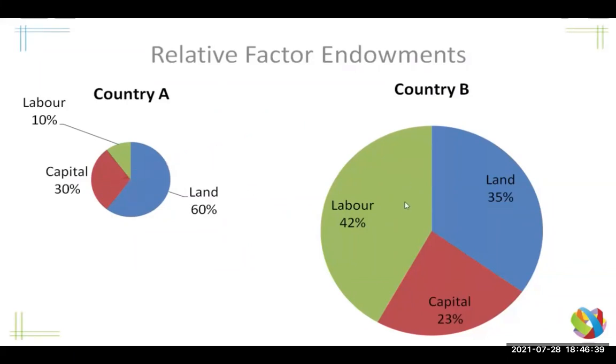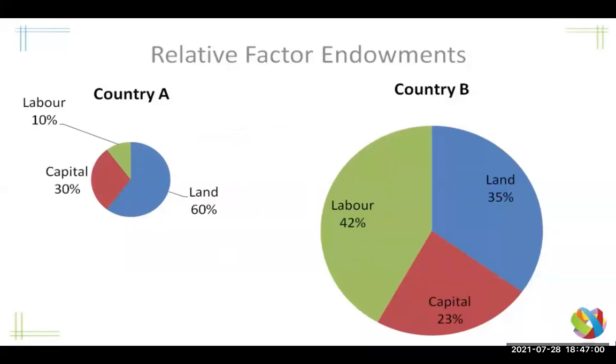And for country B, well, country B has a lot of labour. 42% of its factor production is labour. So we would use labour as a factor of production to export to country A. And this makes sense. If you have a lot of something, it's going to be cheaper, relatively.